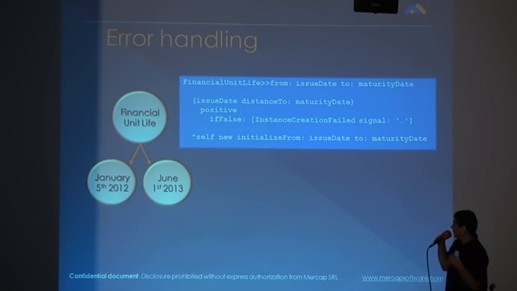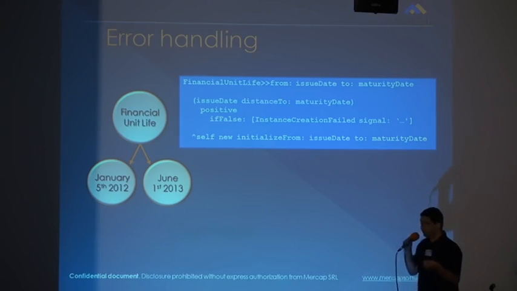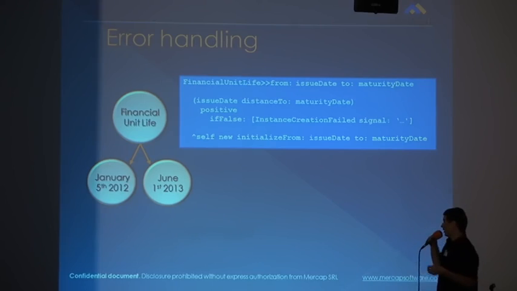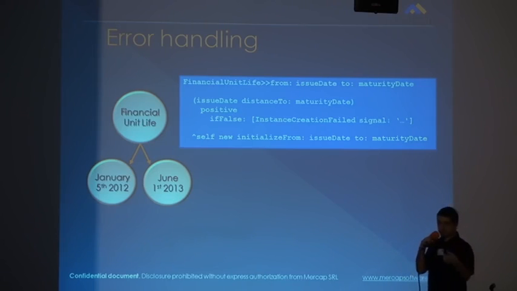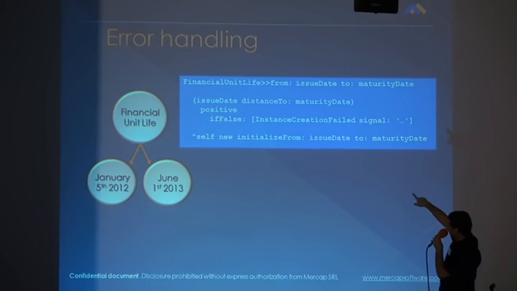Whenever we need to create a financial unit life, we need to check, for example, if the issue and maturity dates are valid. The issue date needs to be before the maturity date. So in the class method for instance creation of financial unit life, we add an assertion to check this.